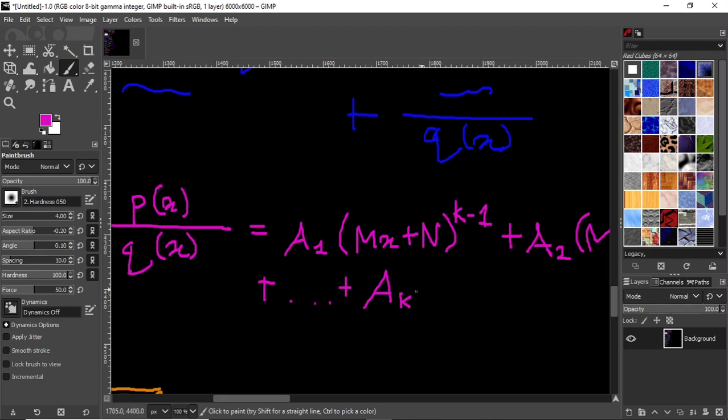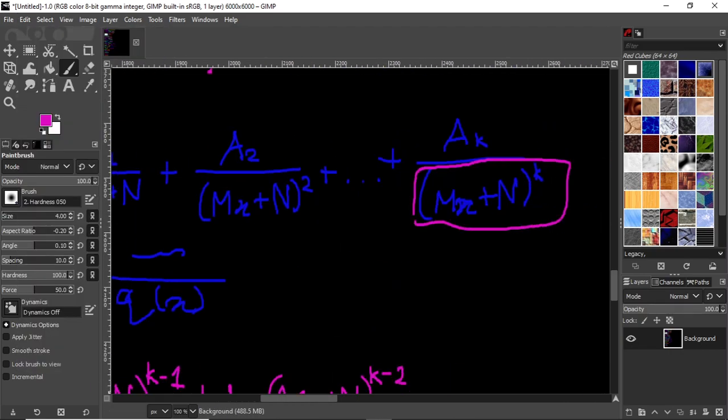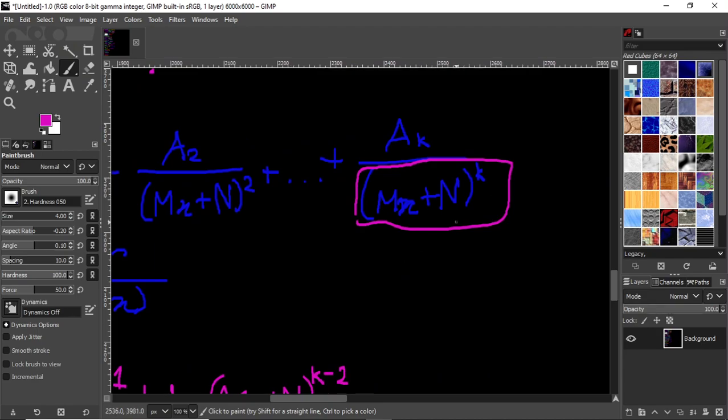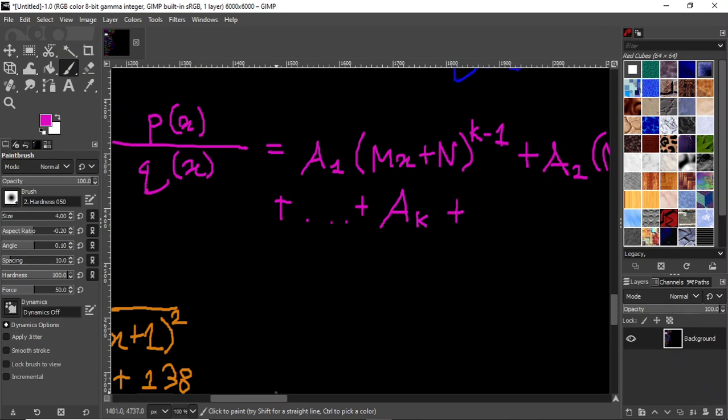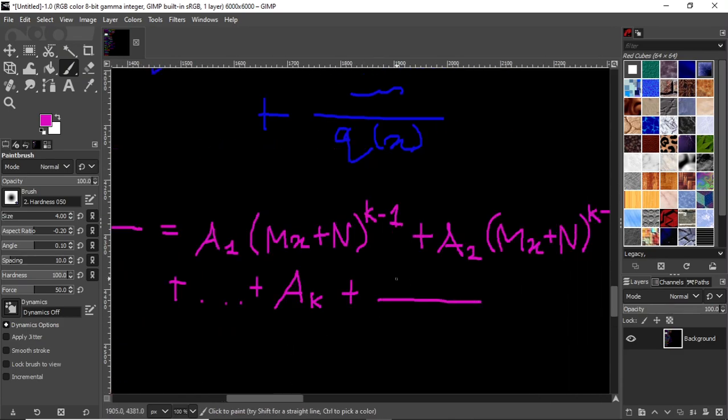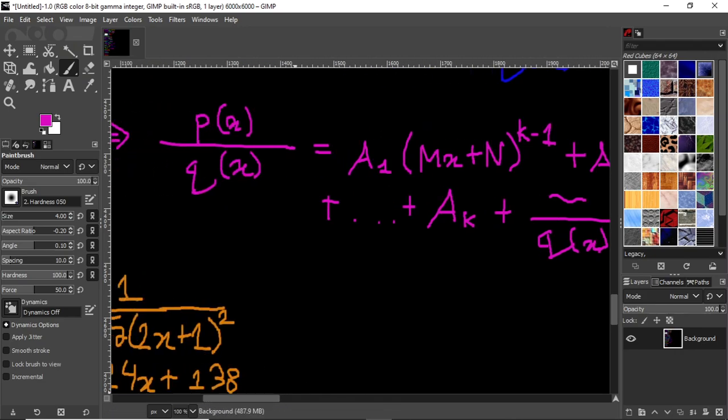It wouldn't be incorrect to write the power 0, but that's just redundant, because as you can see, if we multiply by mx plus n to the power of k, this just cancels out. We just get a sub k here. And then we have something over q of x, and mx plus n to the power of k. Now let's substitute.